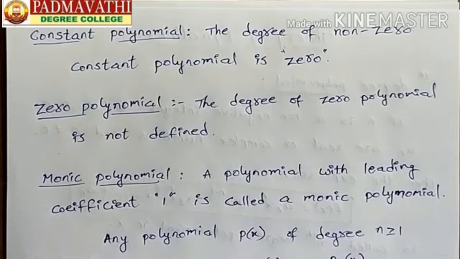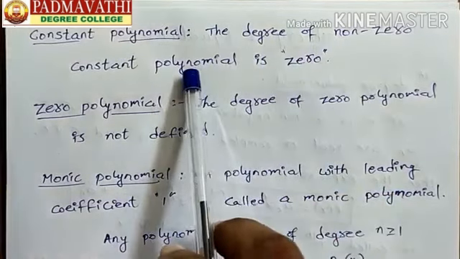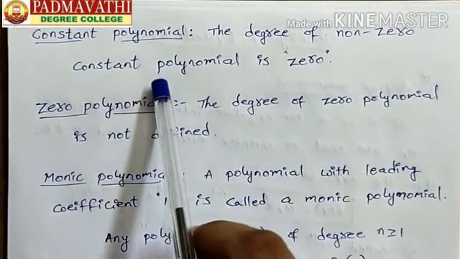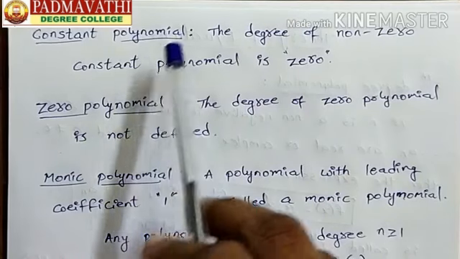Constant polynomial means there is no variable term in it. Simply we can take only one term, and that term is without a variable. Here we say non-zero, which means we can take any numerical value other than 0. Suppose 5. 5 is a constant polynomial. Why?